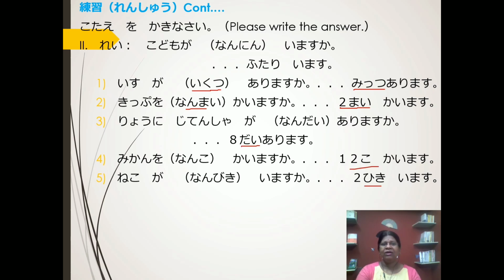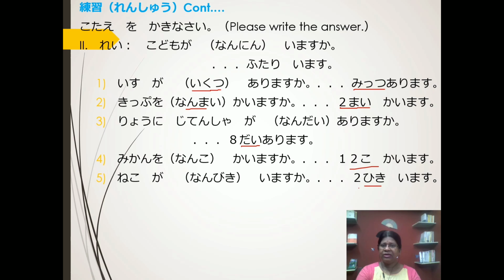3番 Ryo ni jitensha ga nan dai arimasu ka? 8 dai arimasu. Mika no nanko kaimasu ka? 12 ko kaimasu. Neko ga nan biki imasu ka? 2 hiki imasu.